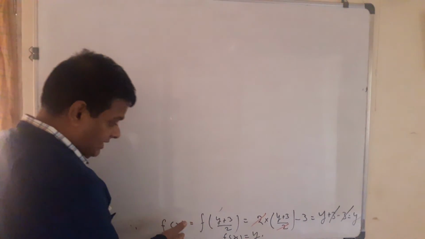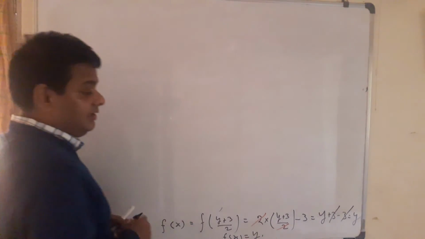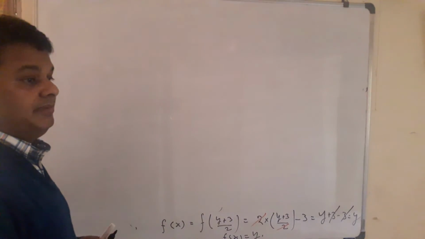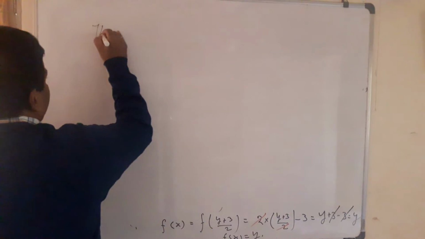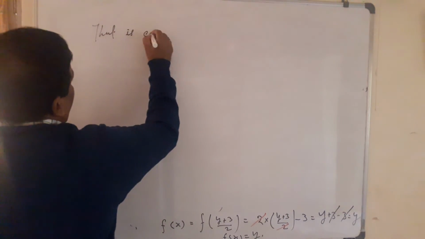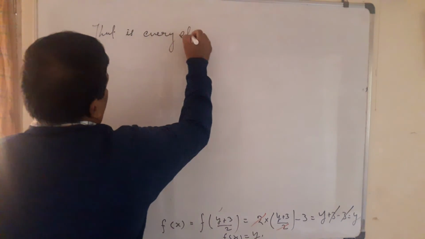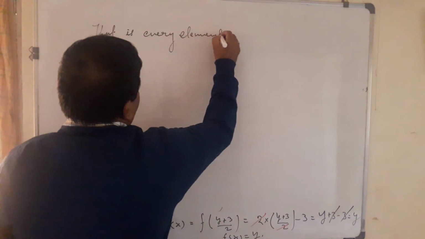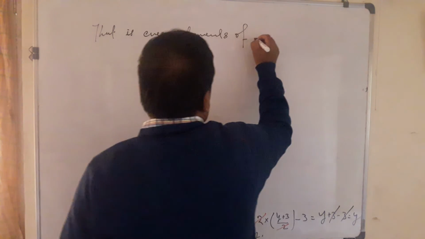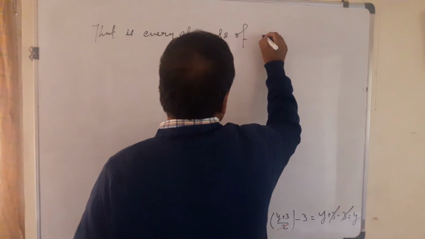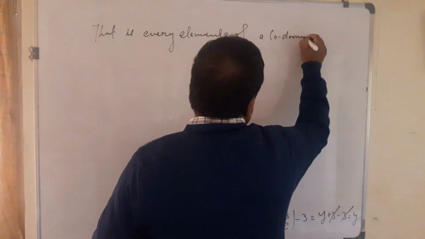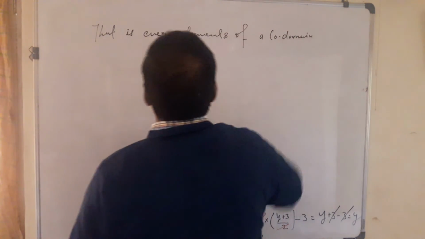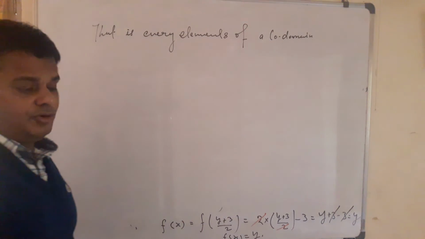Here f(x) is equal to y. It means every element of the codomain, that is, every element of Q, has a pre-image in Q, that is the domain.